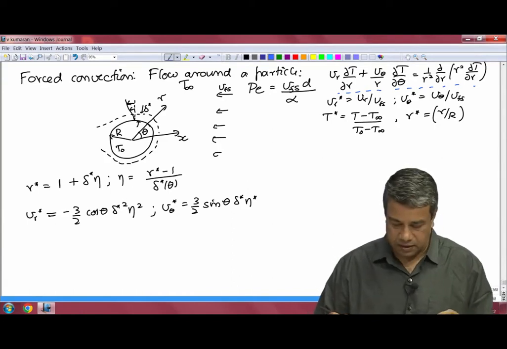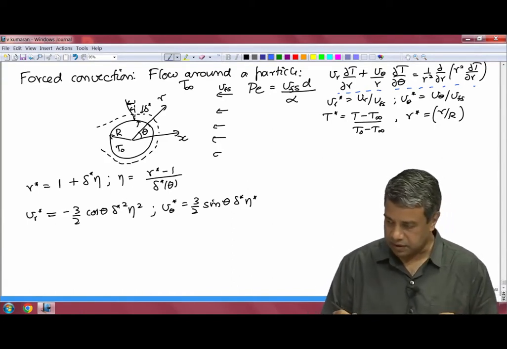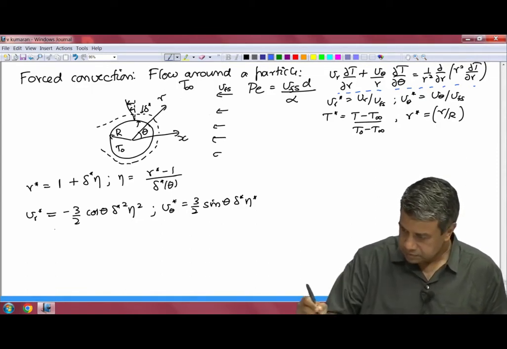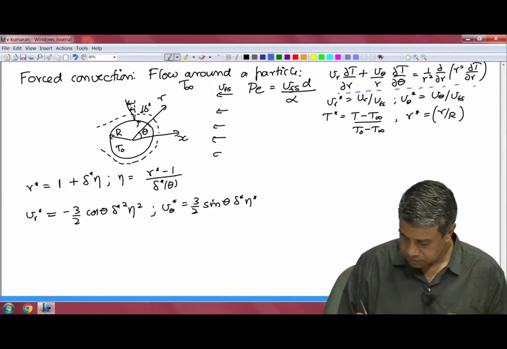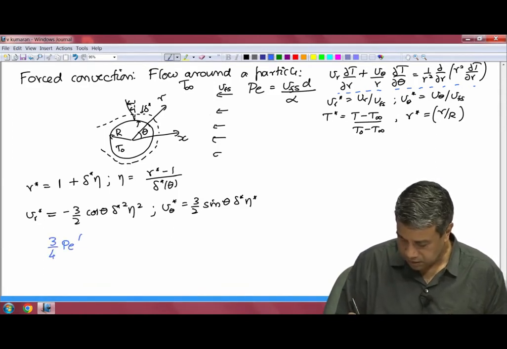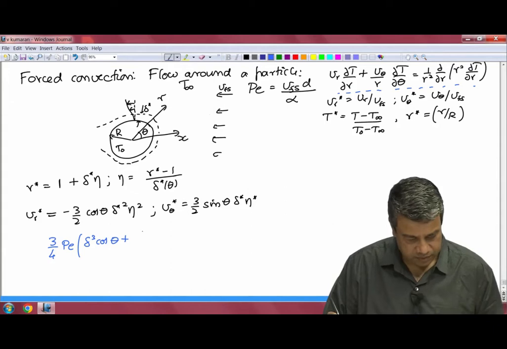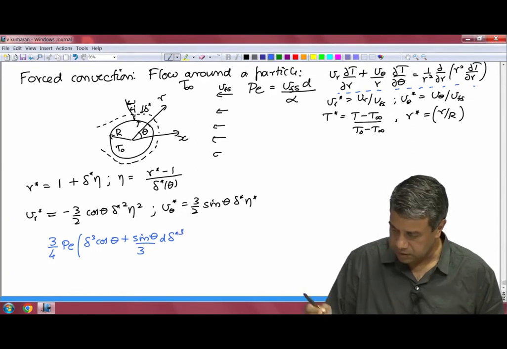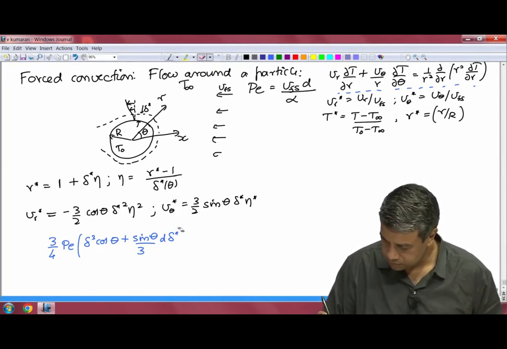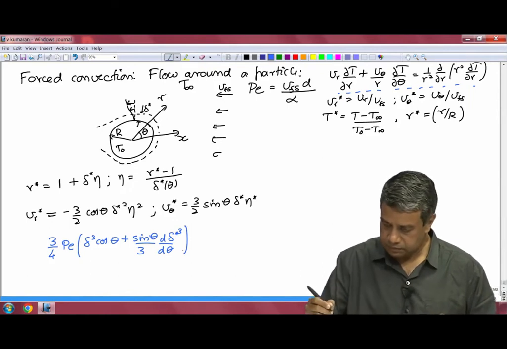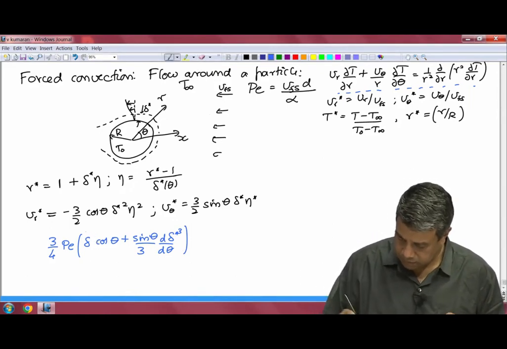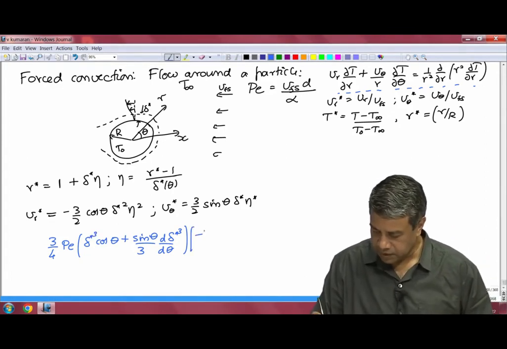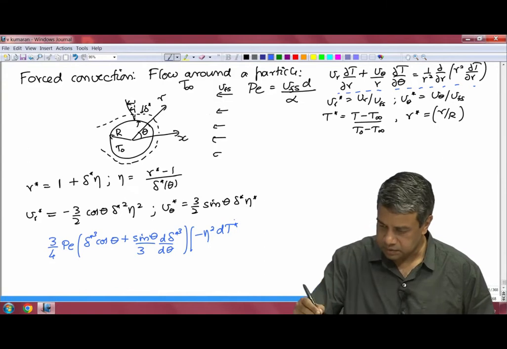And we had obtained an equation for the temperature profile as (3 by 4) Pe into plus sin theta by 3 d delta cubed d theta, into minus eta square dT star.